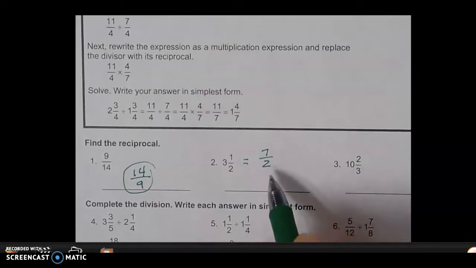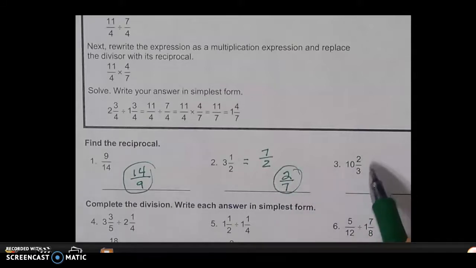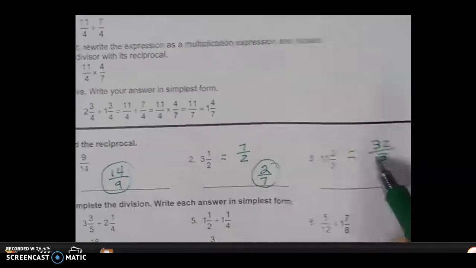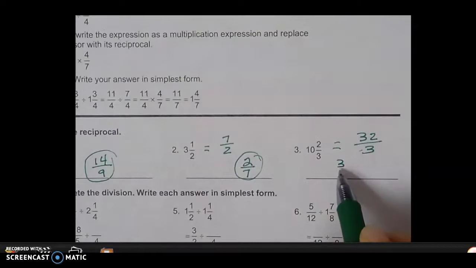So now you can find the reciprocal, which is 2 over 7. Here you have 10 and 2/3, which as an improper fraction is 32 over 3. Rewrite it as the reciprocal, 3 over 32.